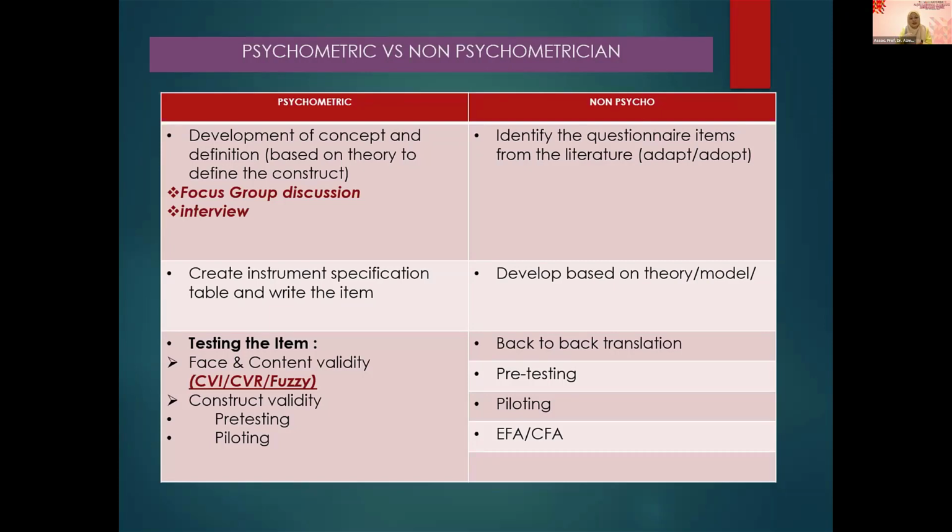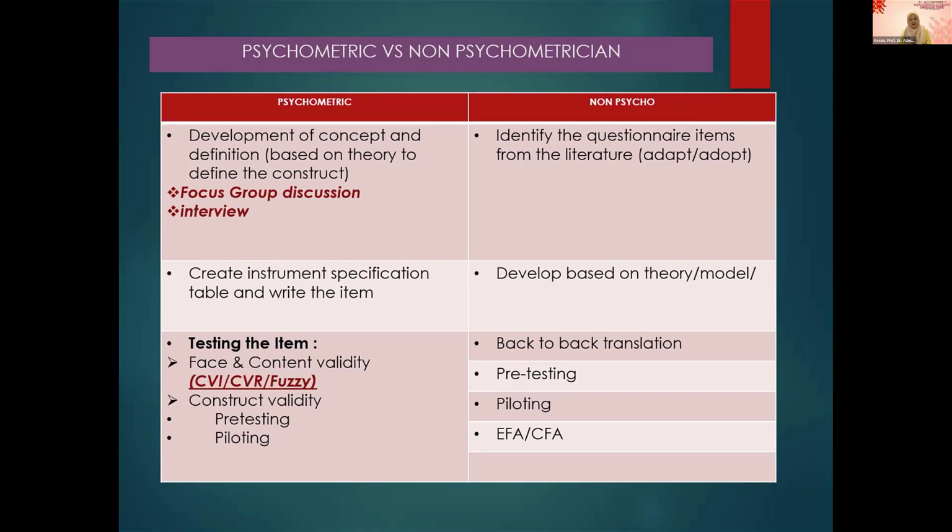Basically, we just identify the questionnaire from the literature. We adapt and adopt. Sometimes, if we would like to create one, we must base it on some theory. To develop a questionnaire from scratch, you must have some theory or model behind it.